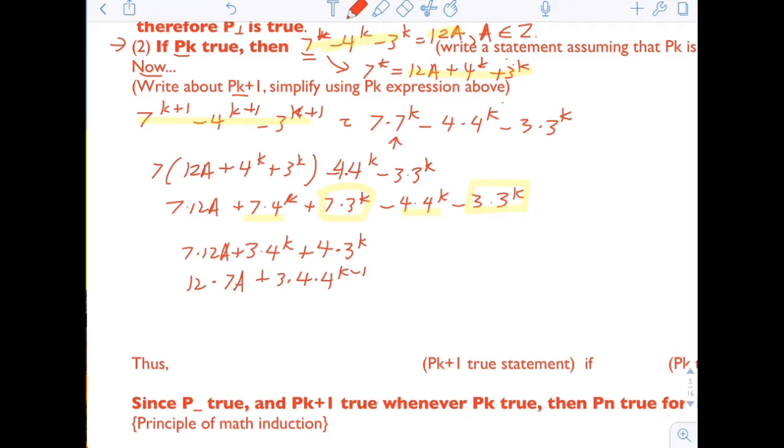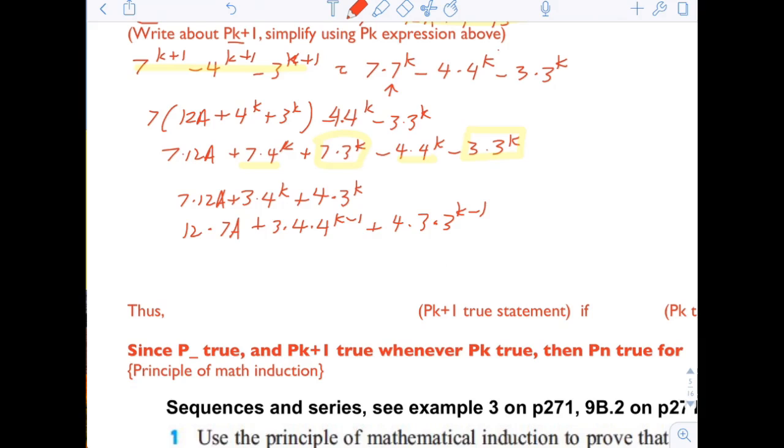And here I would have 4 times 3 to the k minus 1, right? Now I have a 12 there and a 12 there also. I can factor out a 12 from everything. Then I'll have 12 times 7a plus 4 to the k minus 1 plus 3 to the k minus 1.